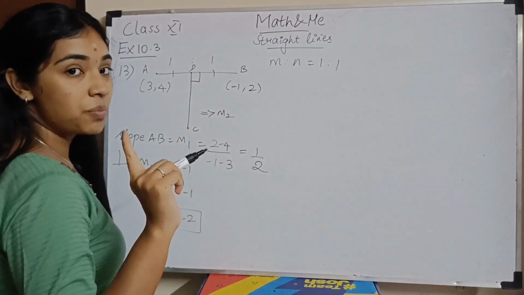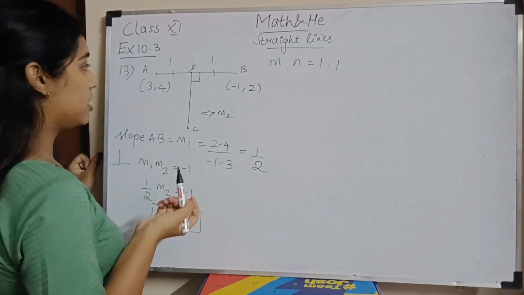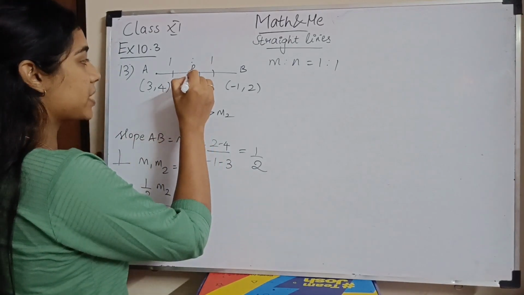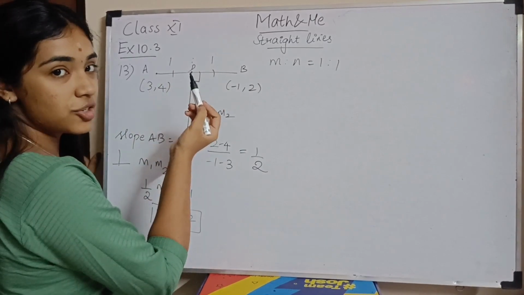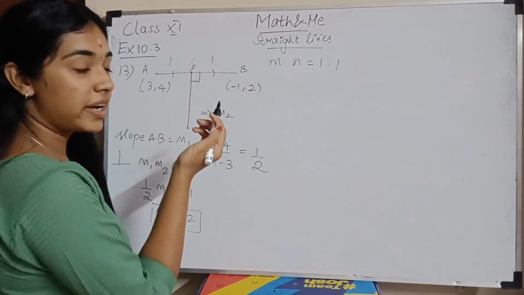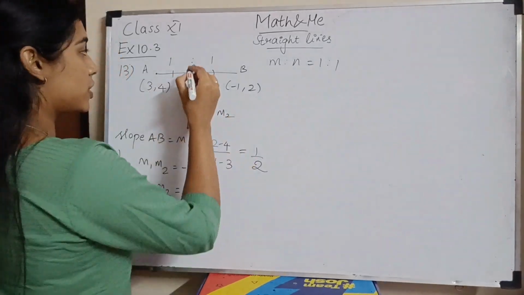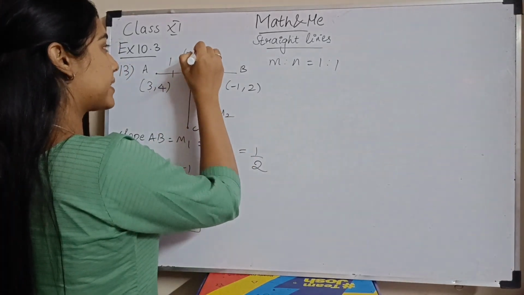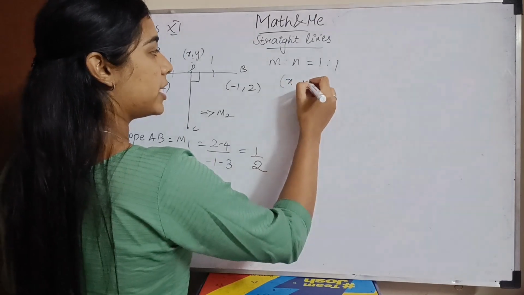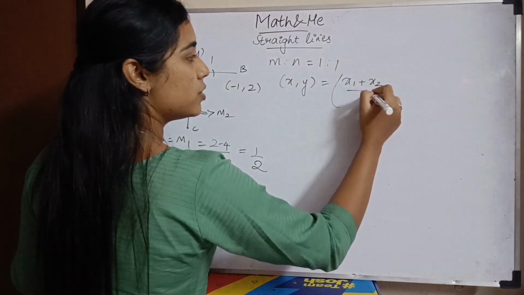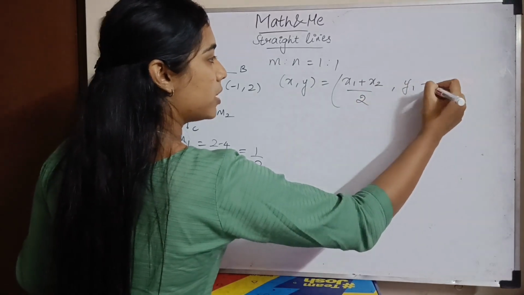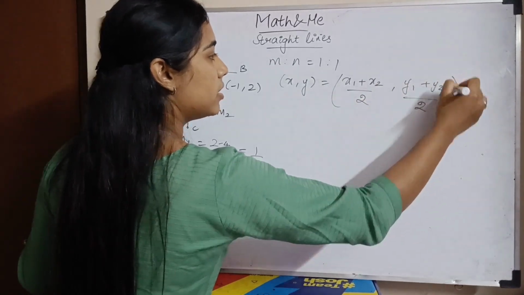So you need another point to find the equation of the line. So which point can you find? This particular point, because it is given that this is a right bisector. So you can use the ratio formula to find the midpoint. Let this coordinate be x, y. So the coordinate x, y is (x1 plus x2) divided by 2, (y1 plus y2) divided by 2.